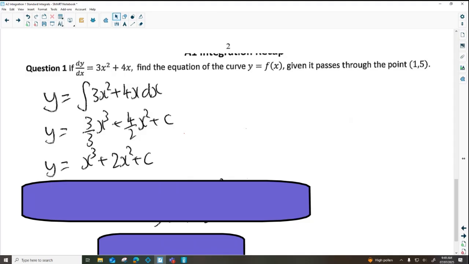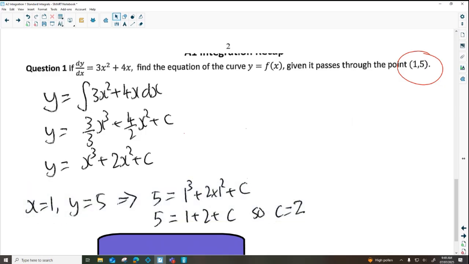So therefore, the equation of the curve will have the form y equals x cubed plus 2x squared plus c. To work out the constant c, we can use the fact that the curve goes through the point (1, 5), which is the same as saying when x is 1, y is 5.